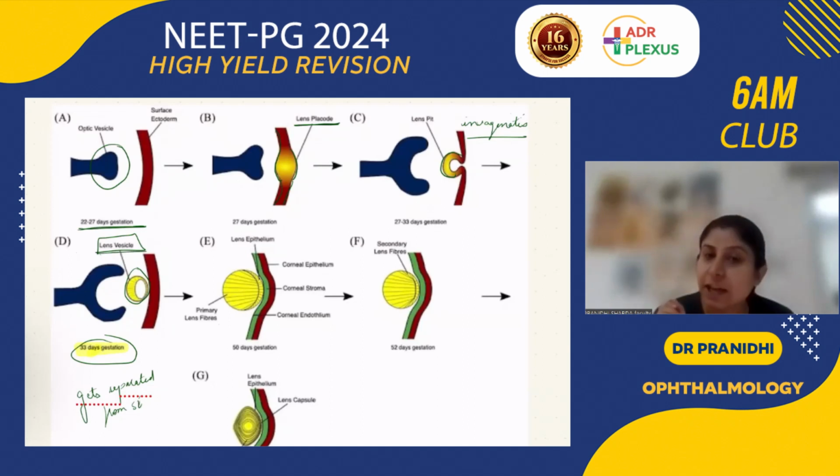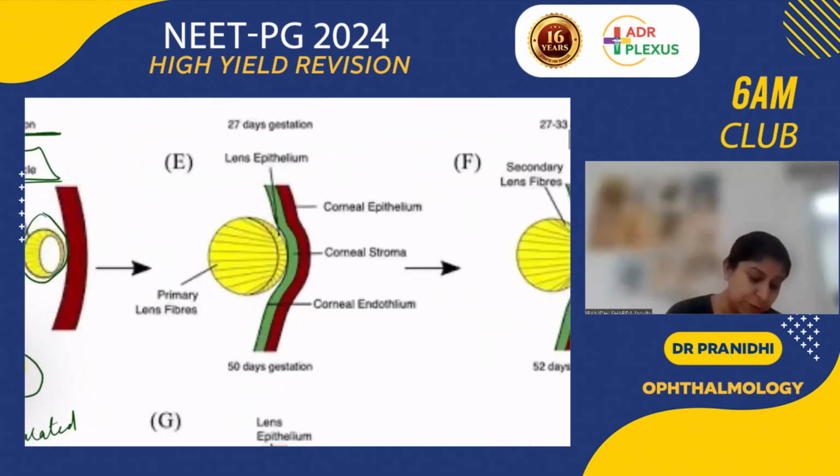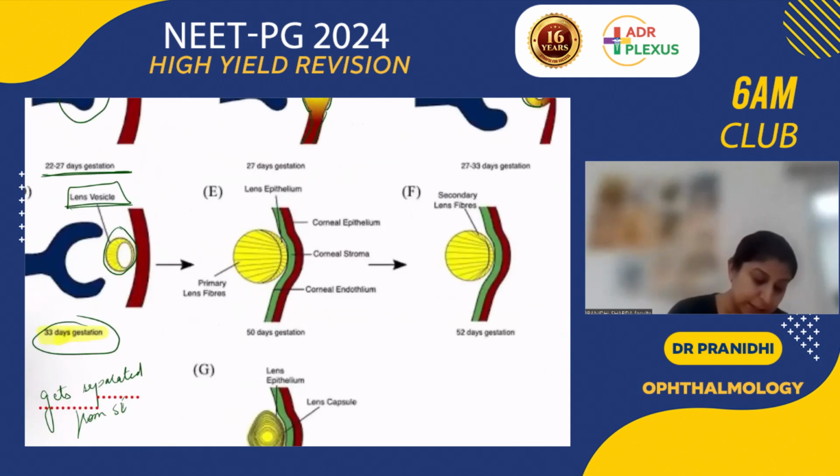And then within this lens vesicle, there develop the primary lens fibers at 50 days of gestation, and at 52 days of gestation, there develop secondary lens fibers.